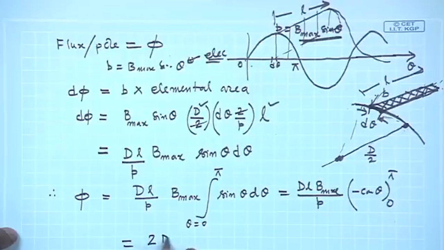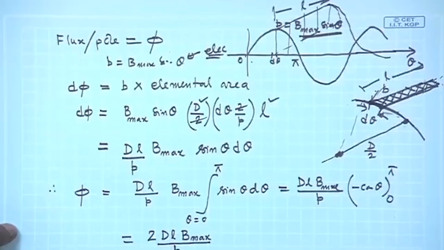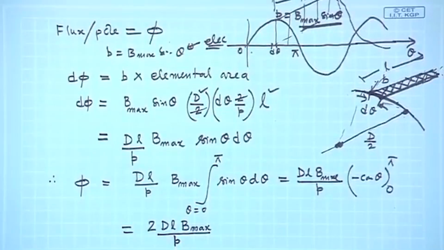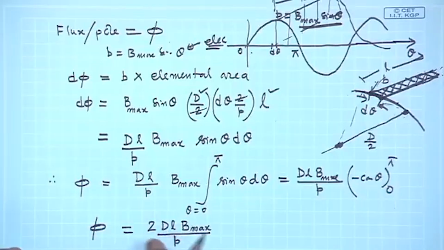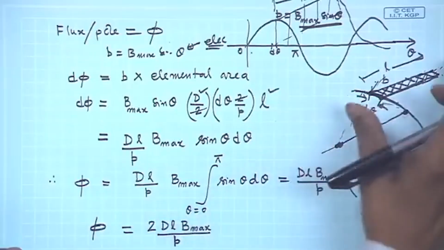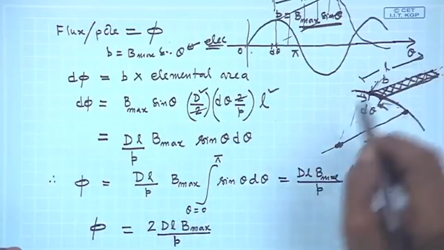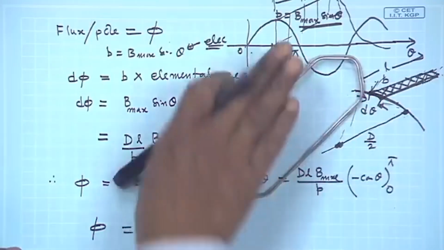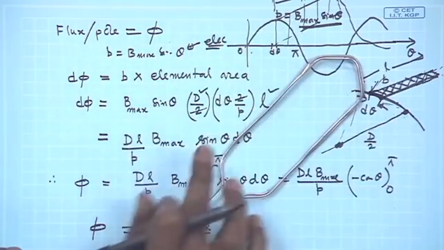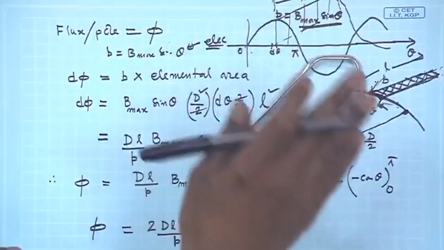So, this will be twice D L B max by P. So, flux per pole is like this, but we must understand what is each term. D is diameter, L is the active length of the motor along this, that is this length, over which B is like this, not a single curve, it is a wave.